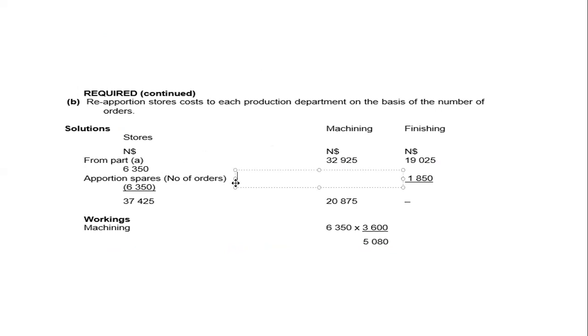We take 3.6, then divide it by the total number of orders, and then multiply it by the total overheads of the service department, which is this one here. Now, if you do that, then you get a 4.5. So we allocate to the machining department just like that.